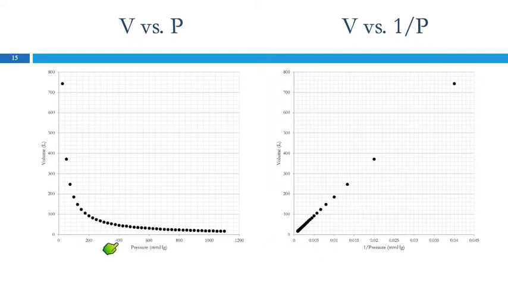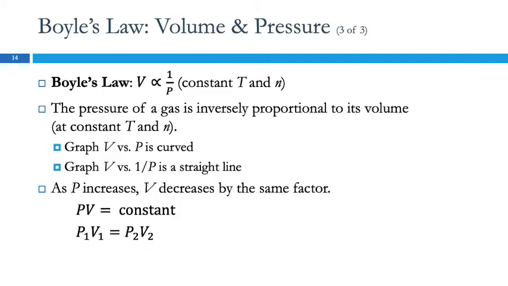So you take the pressures here, and you take the inverse of those numbers, and then you graph volume and 1 over P. And this is when we hold the temperature constant and we keep the amount of gas constant.